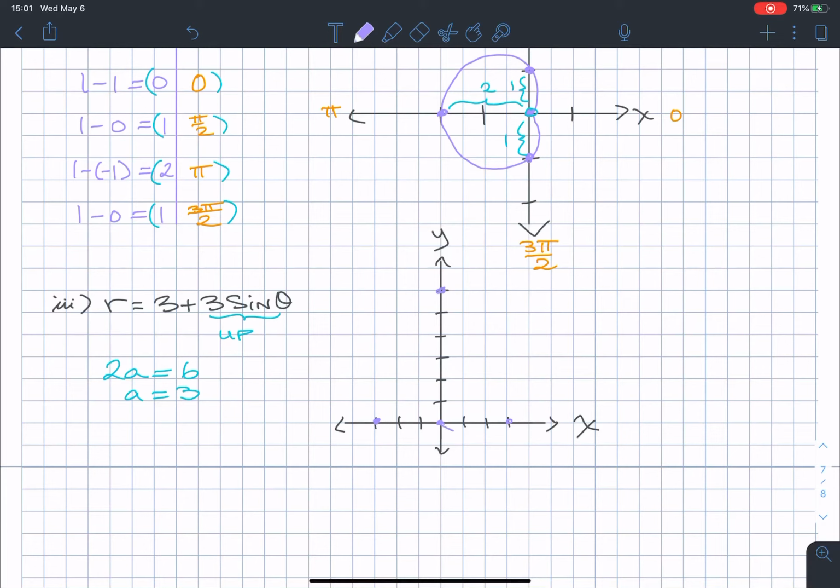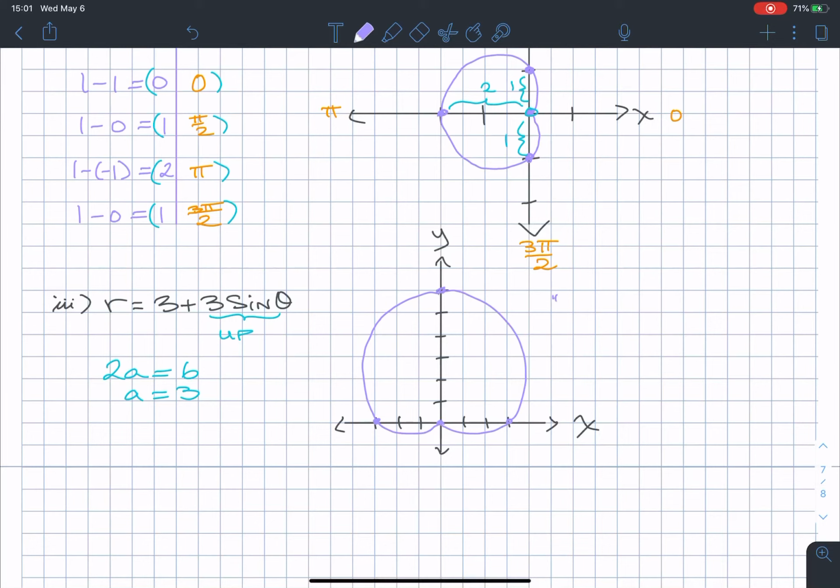I know I'm being obnoxious, not that it matters, but I would like it to look somewhat neat. Okay, well, you kind of get the idea.